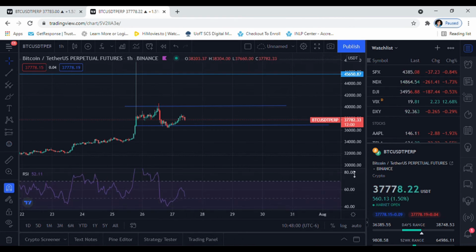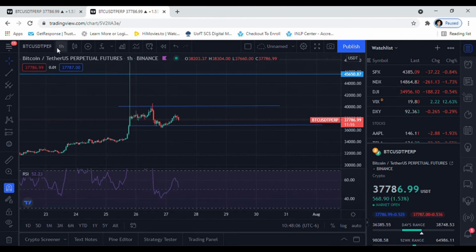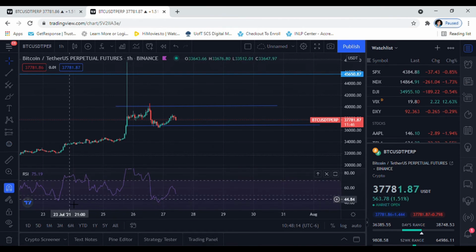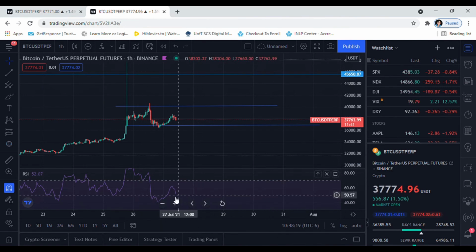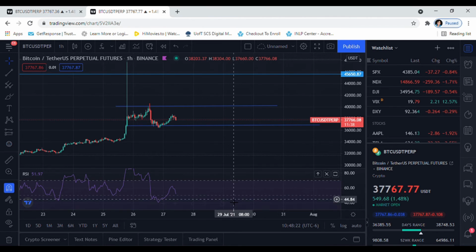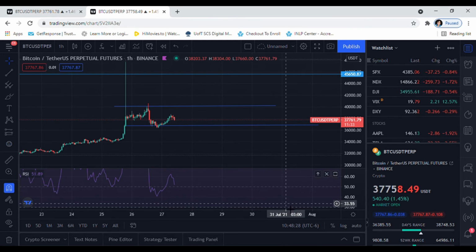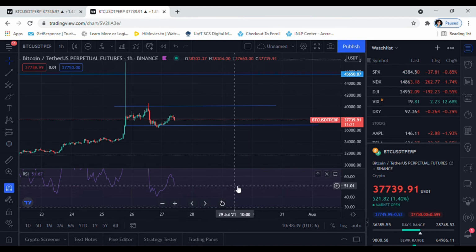Now, let me just explain how this RSI works. This line here on the indicator is basically showing you the price movement of the currency that you're looking at. They say that if this line is at 30 or below, it means that the price of that currency has been oversold, and you should expect the price to start heading back up.